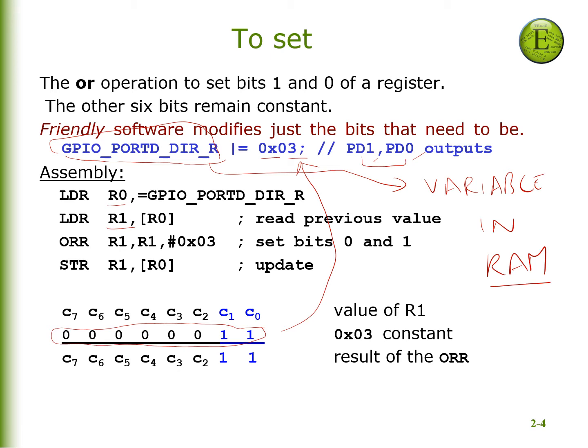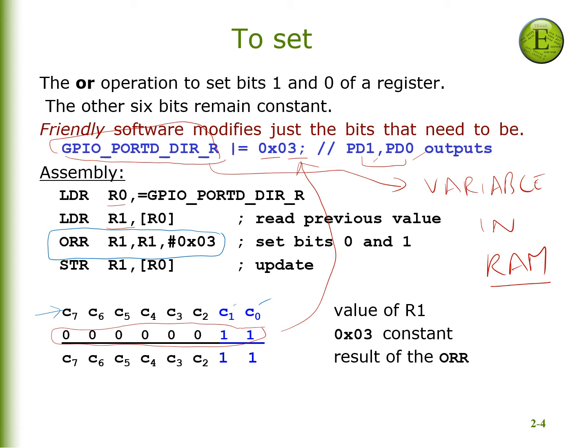But the main instruction of this slide is this OR operation. So once we have fetched the value of that variable, whatever the value is, so for example, in this case, the value is written in terms of some generic variables starting from C0, C1, C2, C3, C4.